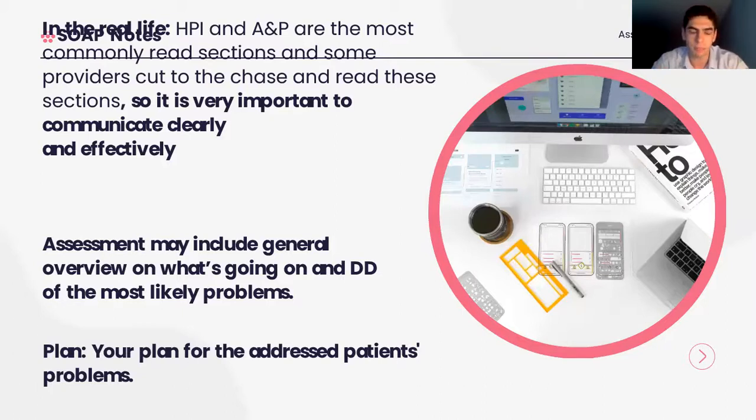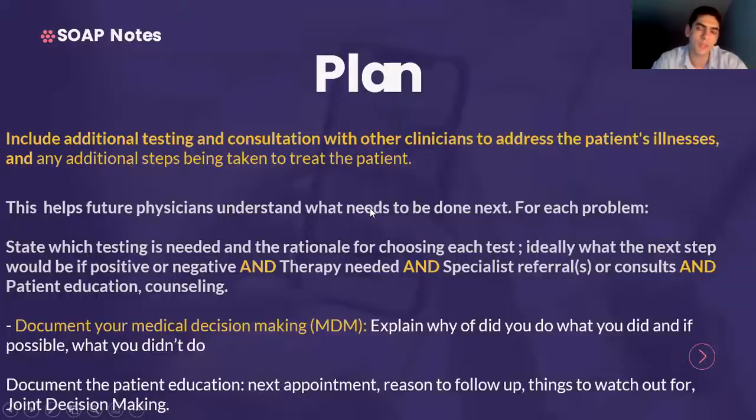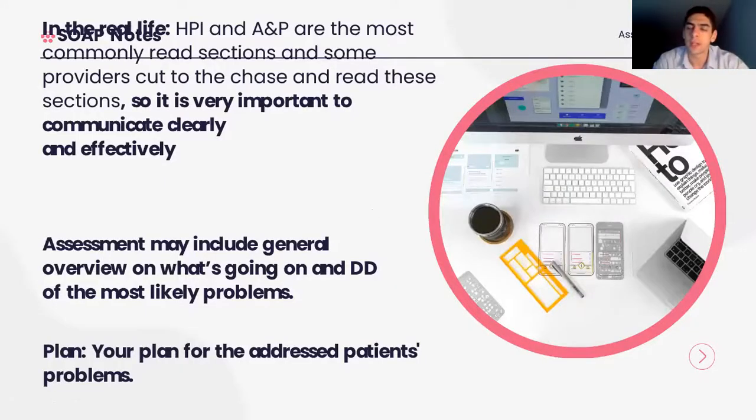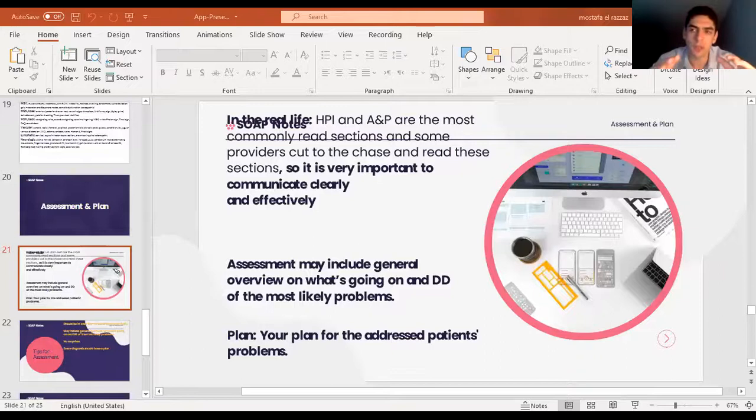Your assessment is essentially your understanding of the case. So we have a patient coming in with shortness of breath. You do an X-ray which shows hyperinflation of the lungs, jet black lungs, and then you have labs showing, for example, an elevated white blood cell count, and on the vital signs, the patient is desaturating on room air. So your assessment is essentially your understanding of what's going on, you putting everything together.